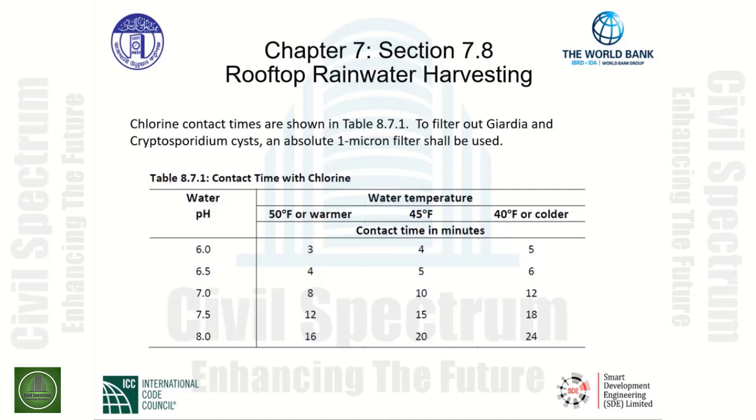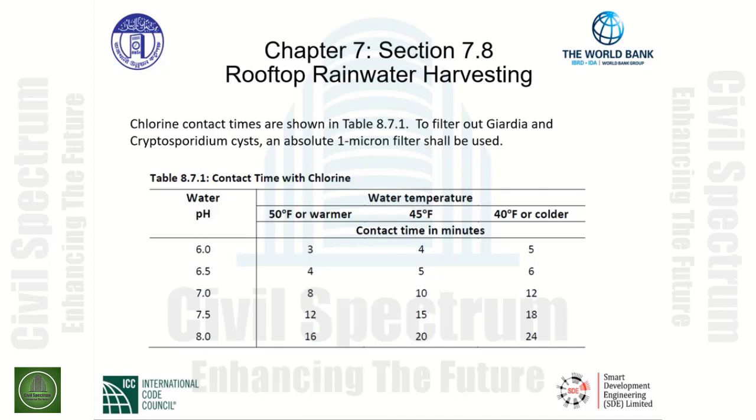For chlorine to be effective as a disinfectant, it must be in contact with the water for a minimum amount of time. Water temperature and pH both affect the amount of time chlorine needs to complete the disinfection of the system.